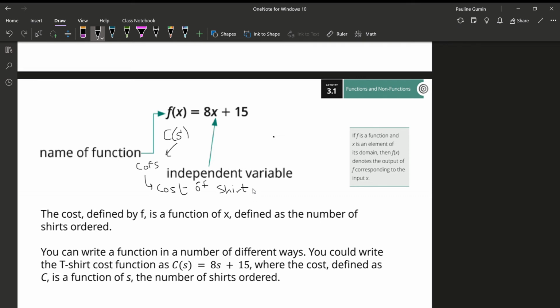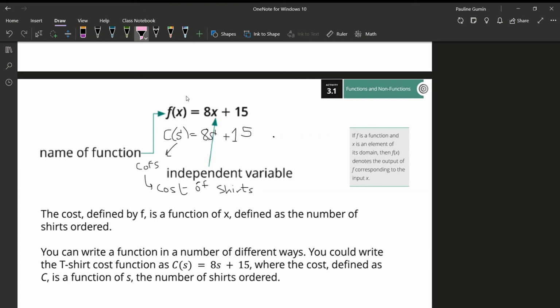Now, since we changed what's inside those parentheses, we need to change what is in our problem. So instead of 8 with an x, we have 8 with an s plus 15.